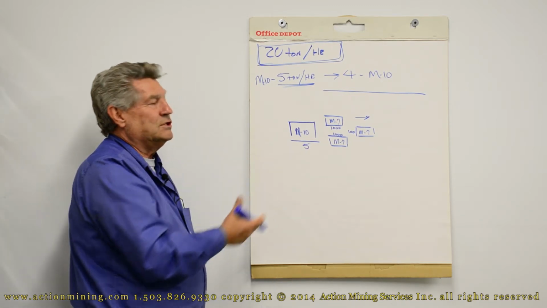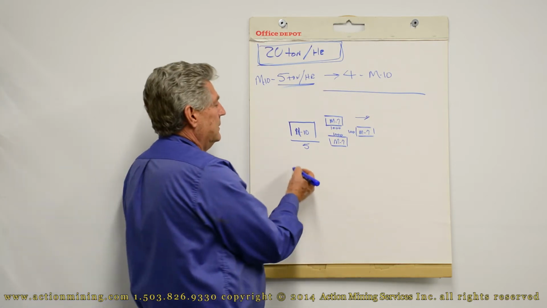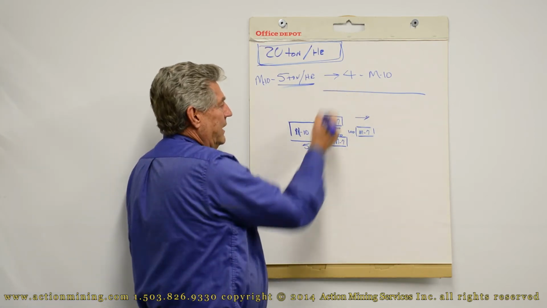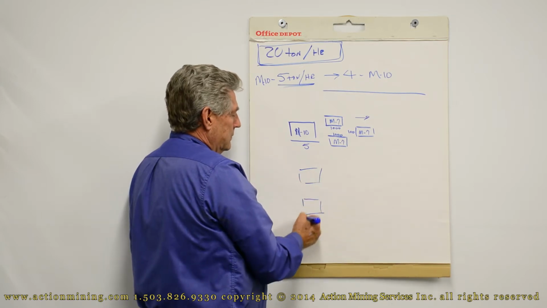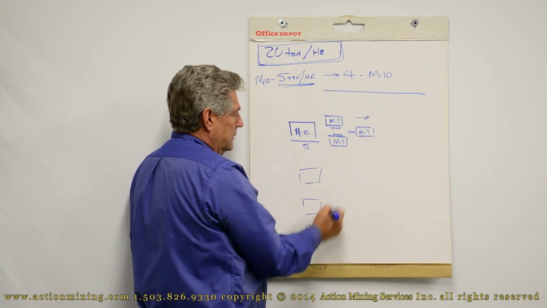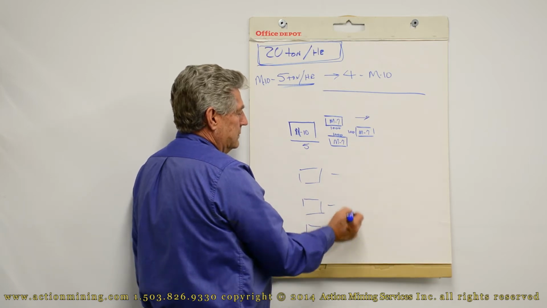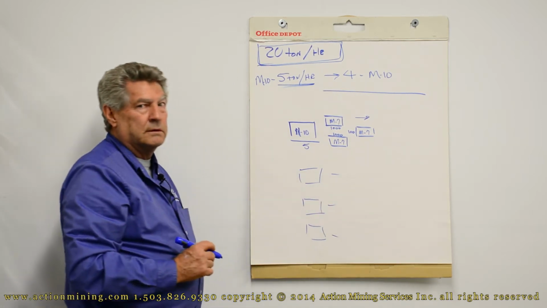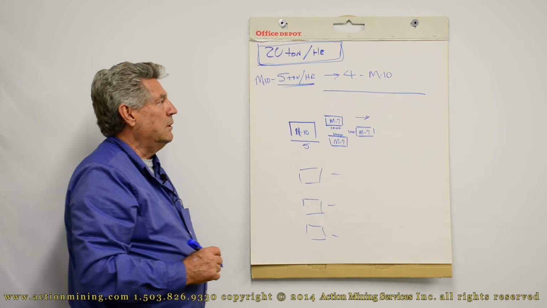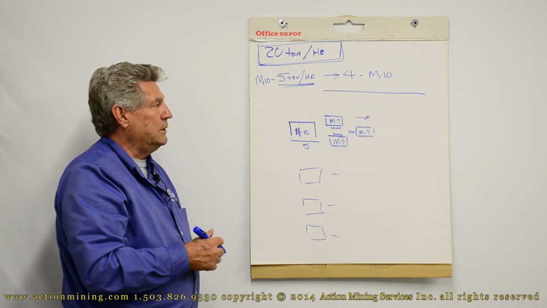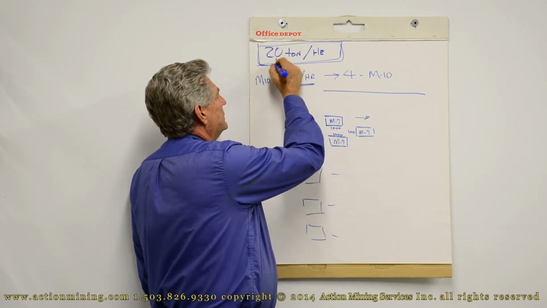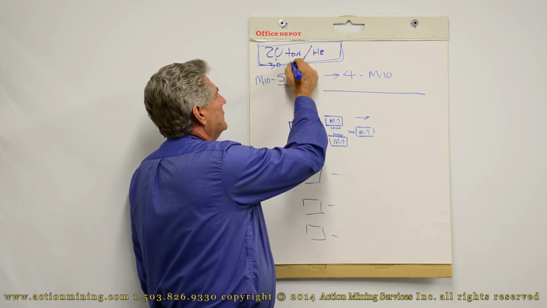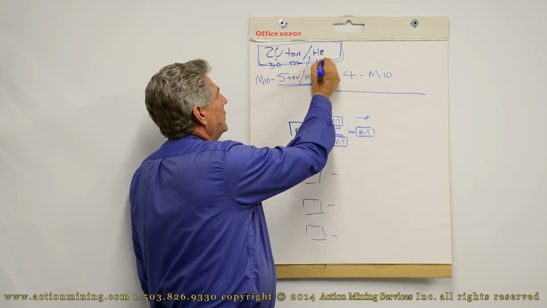So if this is the worst case scenario, and you have to have 4 of them, you've got 4 setups, just like that. So 4 of those are going to run you somewhere between 20 and 30 tons per hour.